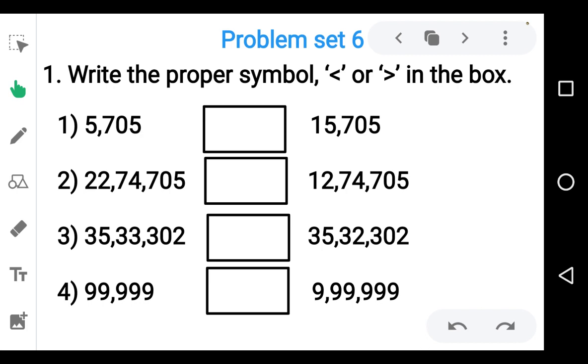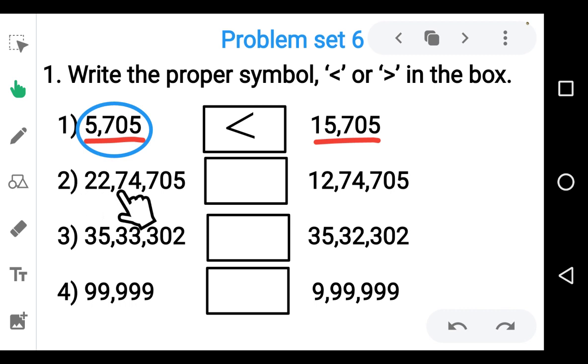First one is 5,705 and here is 15,705. So this is a 4-digit number and this is a 5-digit number. So obviously this number is smaller. So here we use the sign smaller than. So 5,705 is smaller than 15,705.